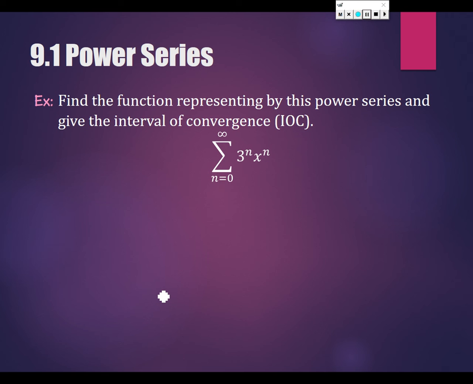Yeah, 3x, right? The common ratio here is 3x. So we'll call this f of x if you like. If you give me a rule. And is the first term 1? Yes, good, okay. We have to be careful about that, but 1 over 1 minus 3x? Yes, that's terrific. Do you want to give me the interval of convergence too, while you're on a roll?